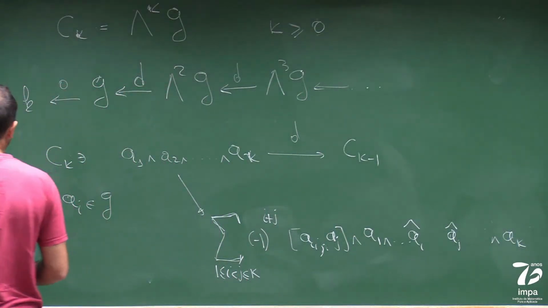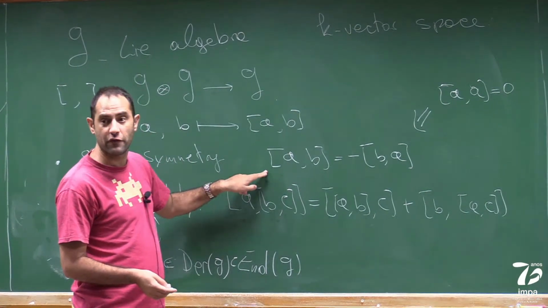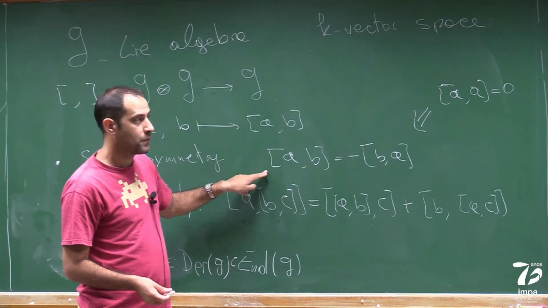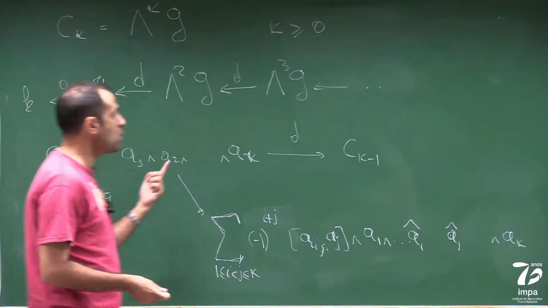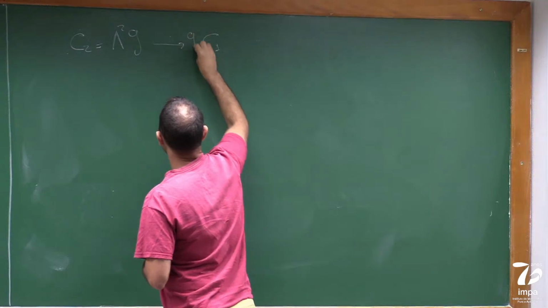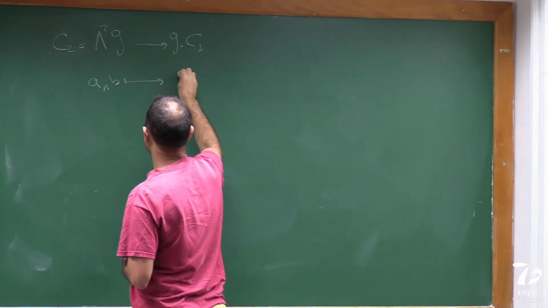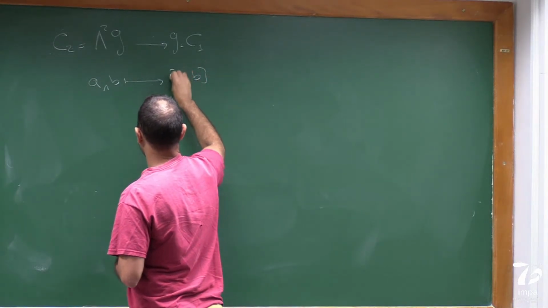First of all, the fact that this is well defined uses already the skew symmetry of the algebra. So for C1, for the map from C2, which is wedge 2 of G, to C1, which is just G, it takes A wedge B and maps it to the bracket of A with B.